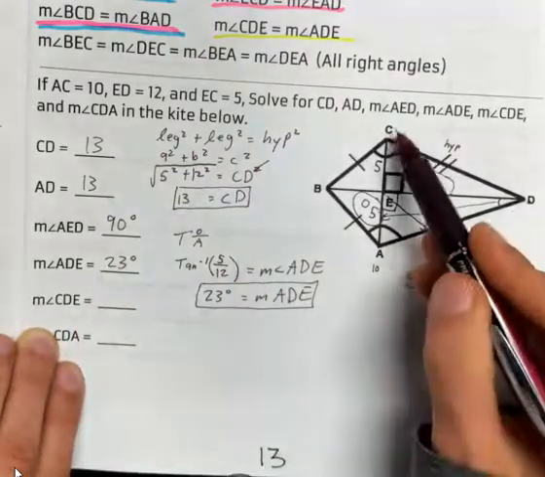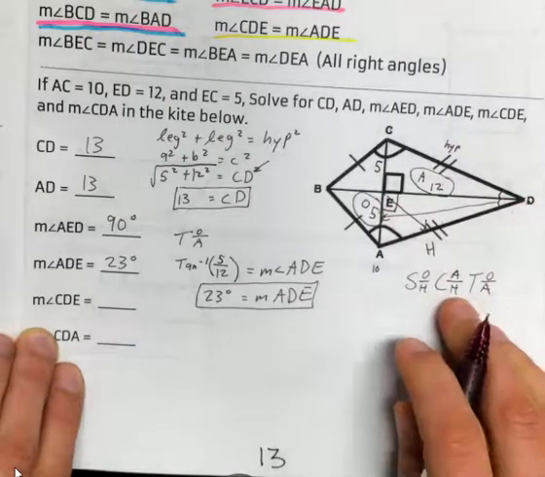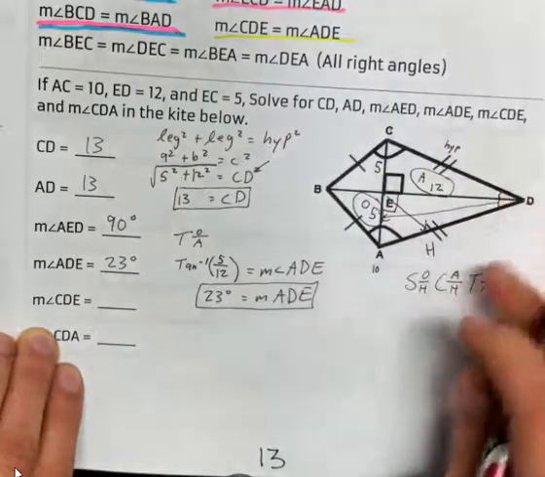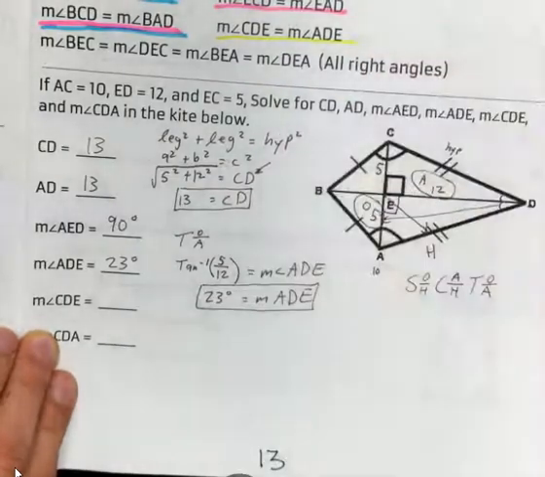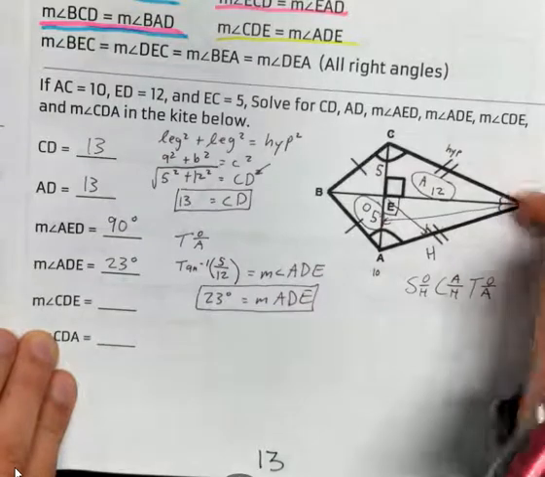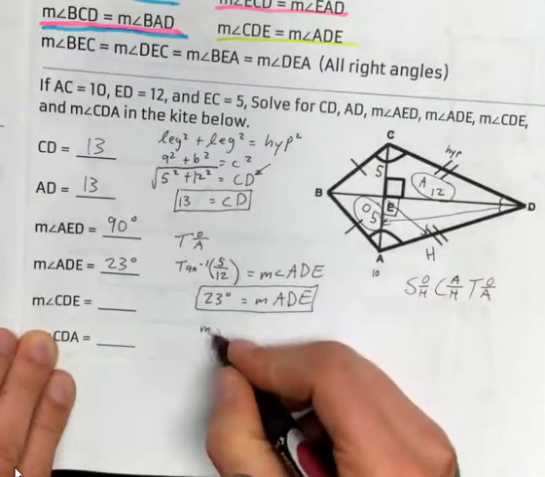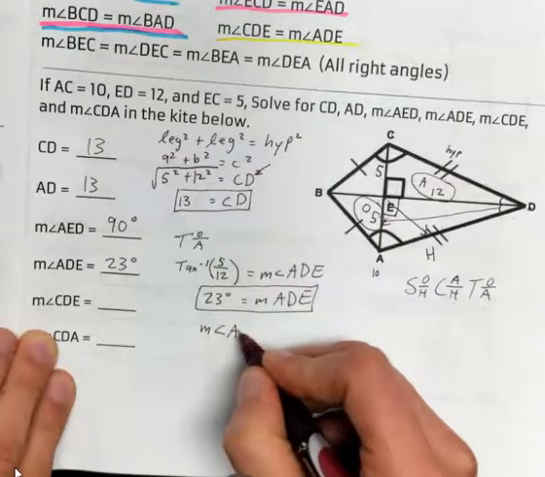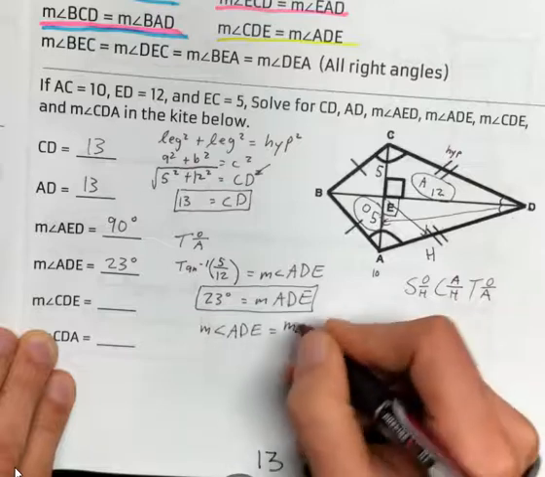Next, it asks for angle CDE. Oh, guess what? Those two angles are congruent. How do I know? Well, if I look back at what we just marked, it showed me that these two angles were congruent. So measure of angle ADE is equal to measure of angle CDE.